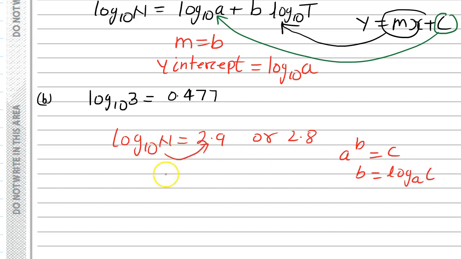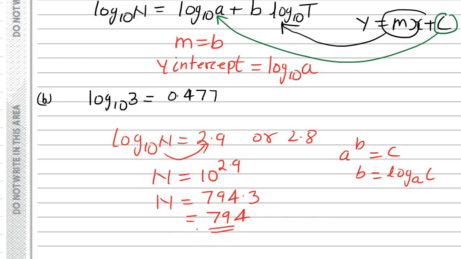So it will be 10 to the power 2.9, which is 794.3. If you round it off, 794 microbes will be there.